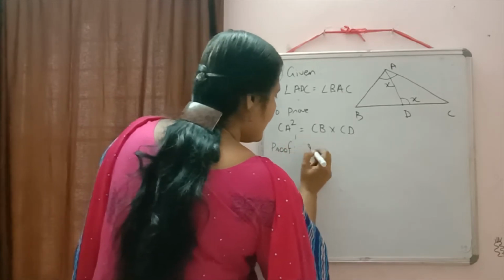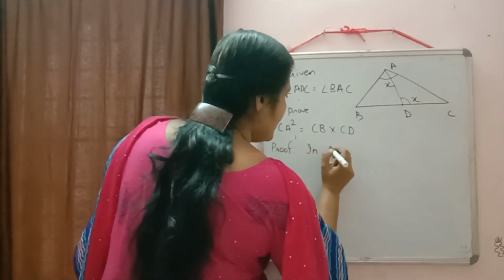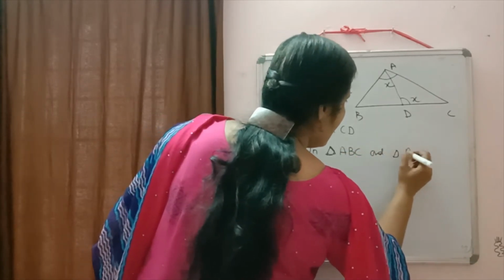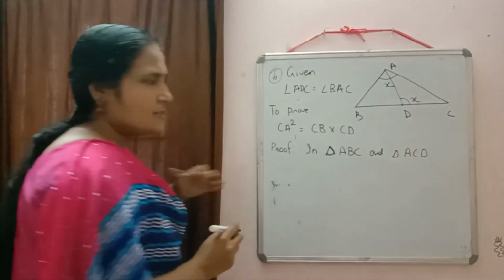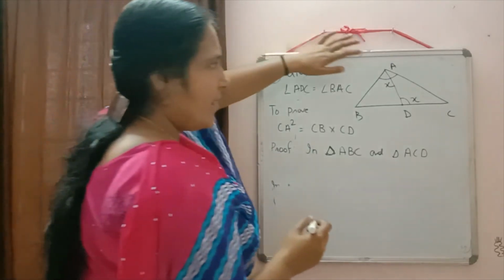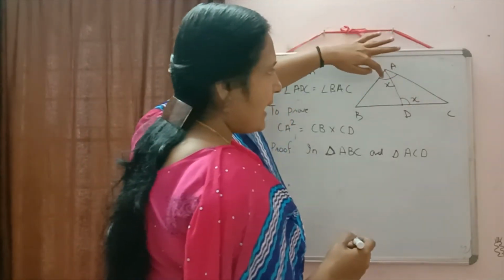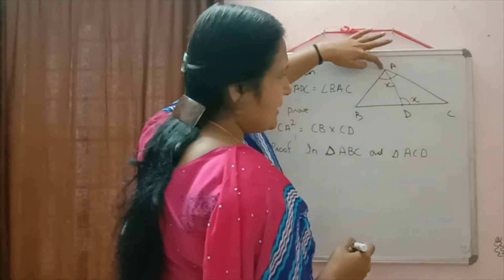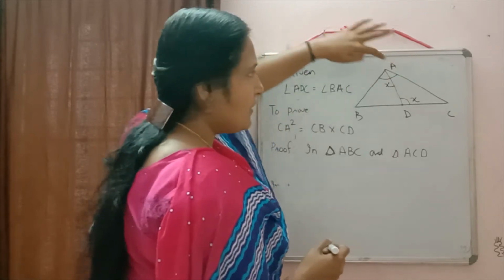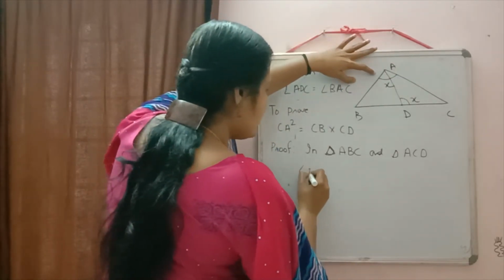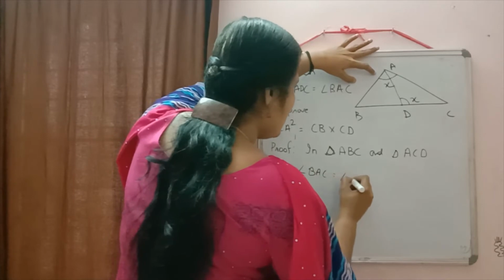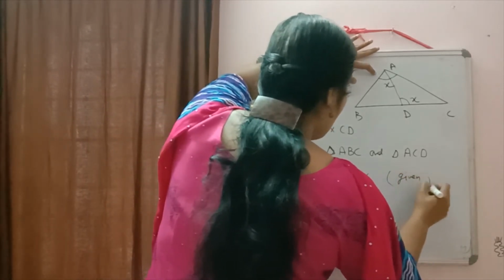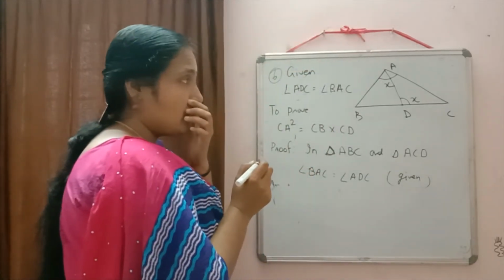So we will write, in triangle ABC and triangle ACD, in these two triangles, just to check. In triangle ABC, angle A is equal to X, and in triangle ACD, angle D is equal to X. So we write angle BAC is equal to angle ADC. Just write down there, that is given. And one more angle we need, which one will come?